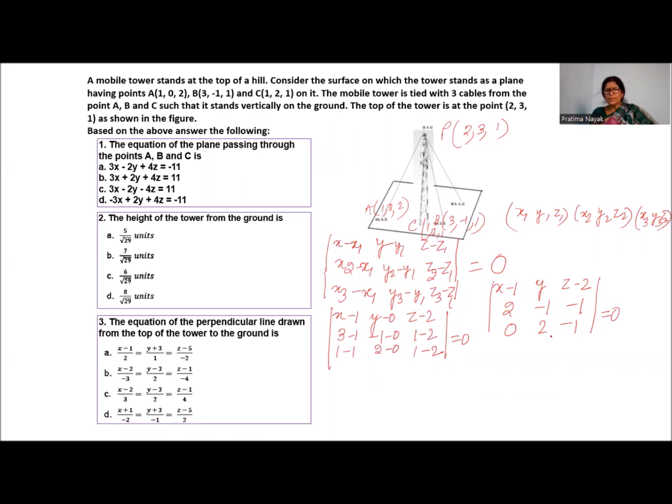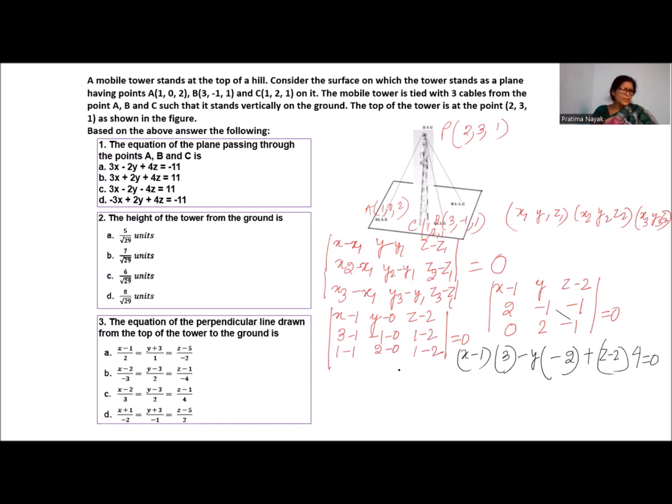Finding the determinant value, it will be (x minus 1) into (1 plus 2), that is 3, minus y into minus 2, and plus (z minus 2) into 4, equal to 0.